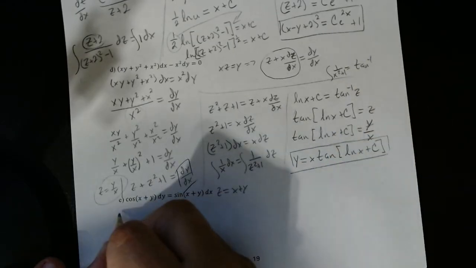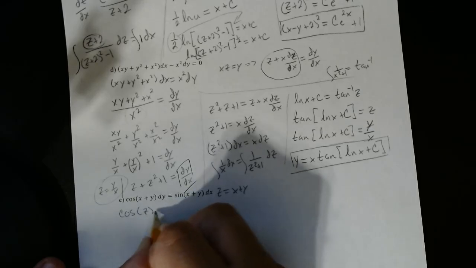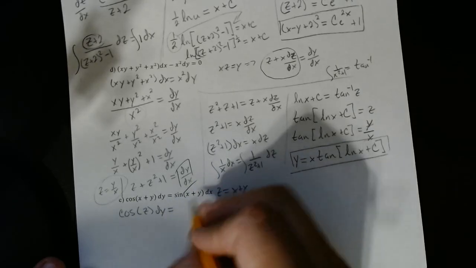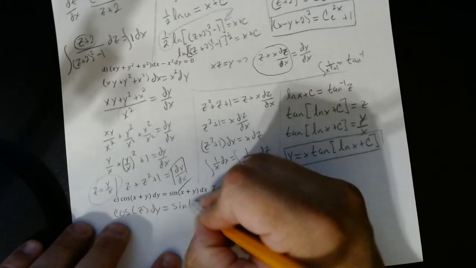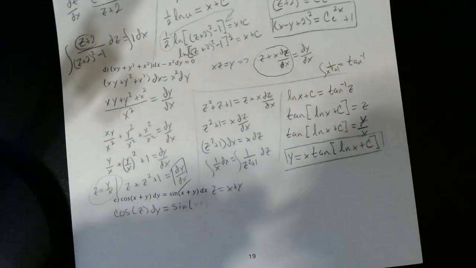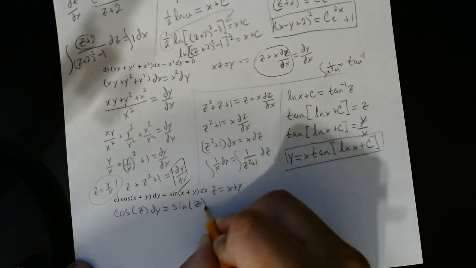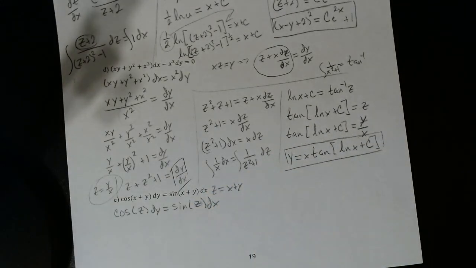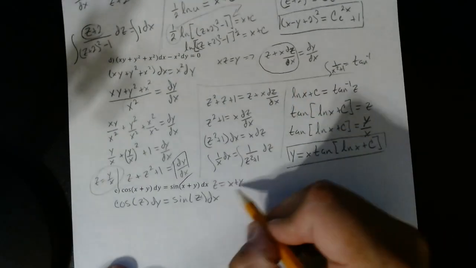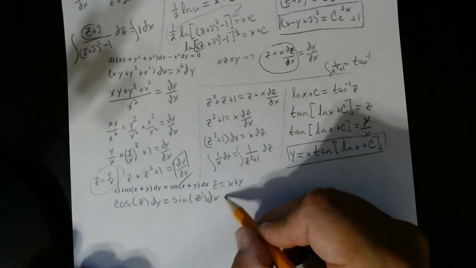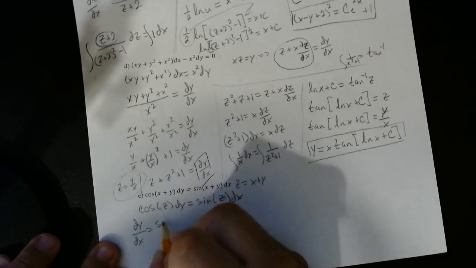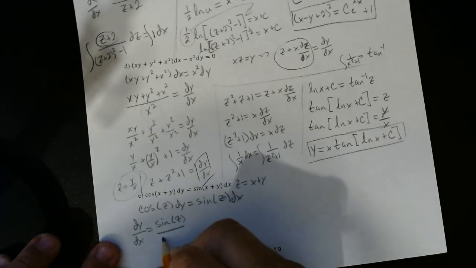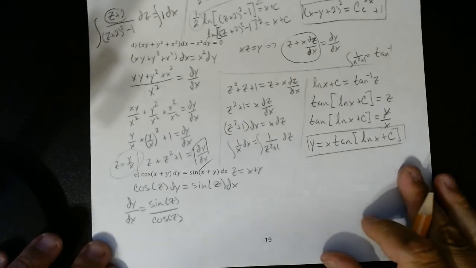So now if we rewrite this, it forces, because if we take the derivative, we need dz dx and dy dx. So we need dy dx. So divide this over, divide that over.